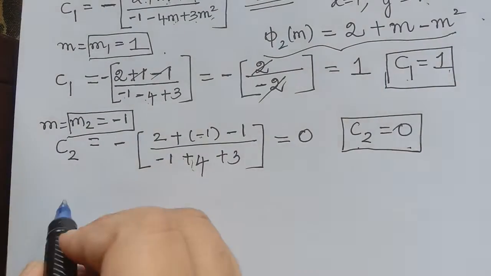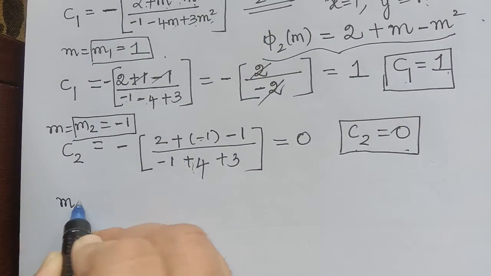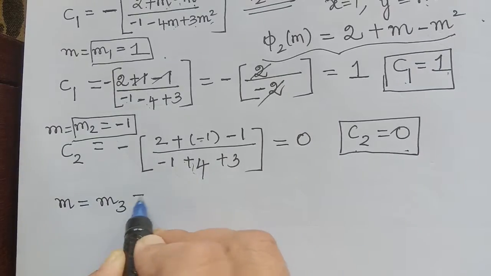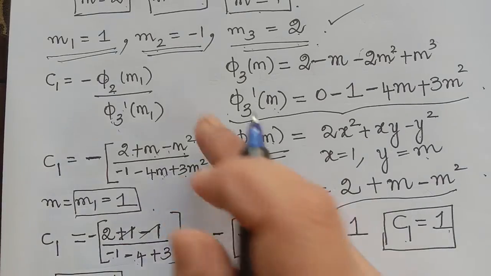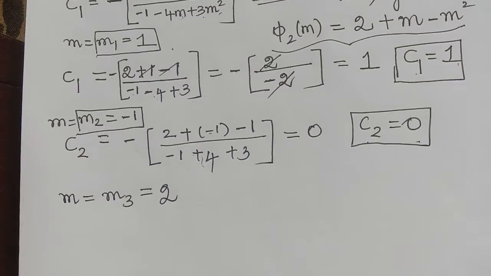In a similar way, we have to find the value of C3, for which we have to use M equal to M3. And what is the value of M3? It is 2. So 2, and substitute the same in this. So what you will be getting?